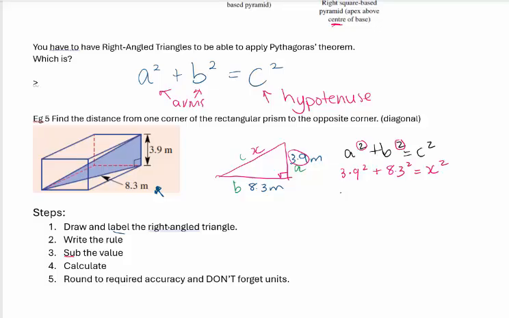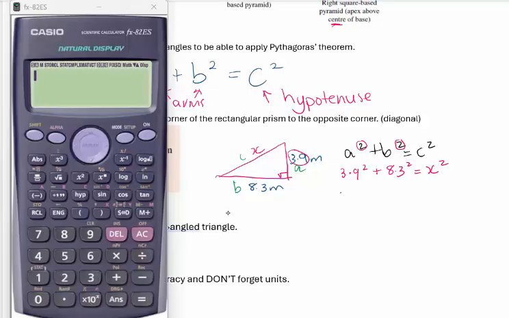Now you grab the calculator. So I'll put 3.9 squared, that's that button there, plus 8.3 squared equals x squared. I just wrote it over here. X squared equals 84.1. So that's what x squared is.